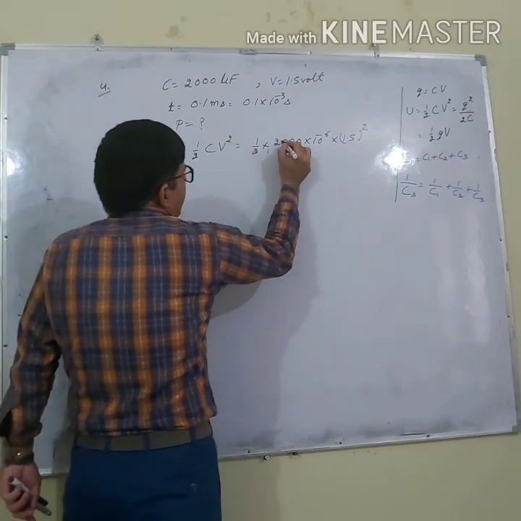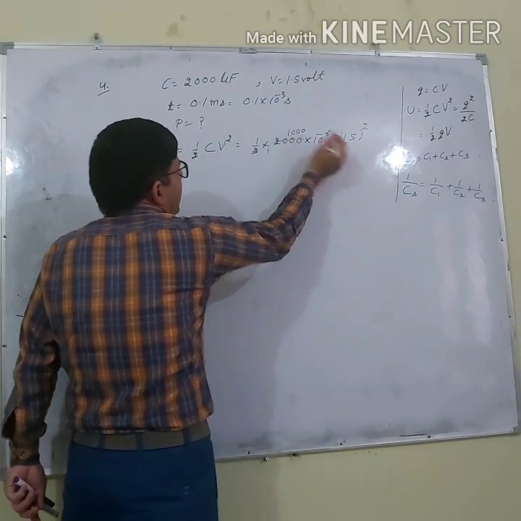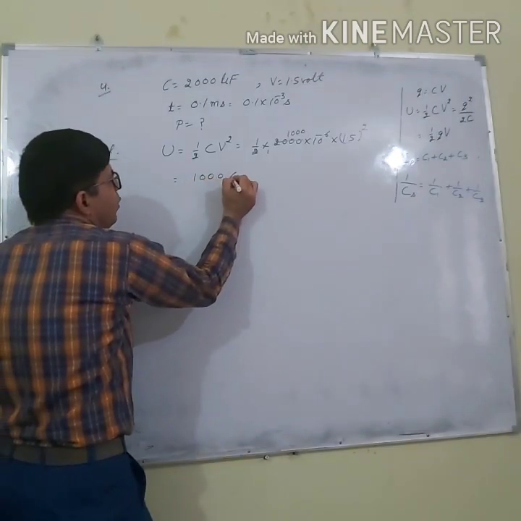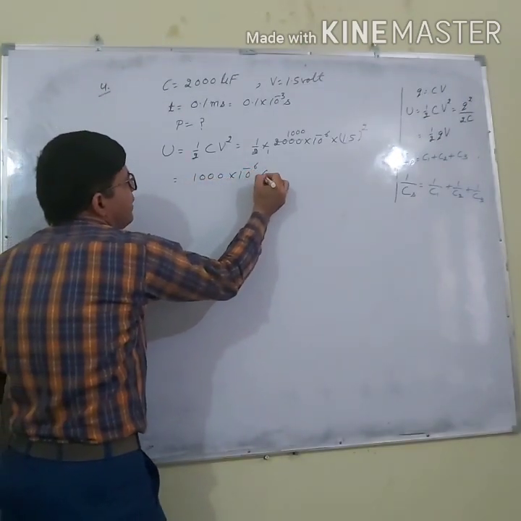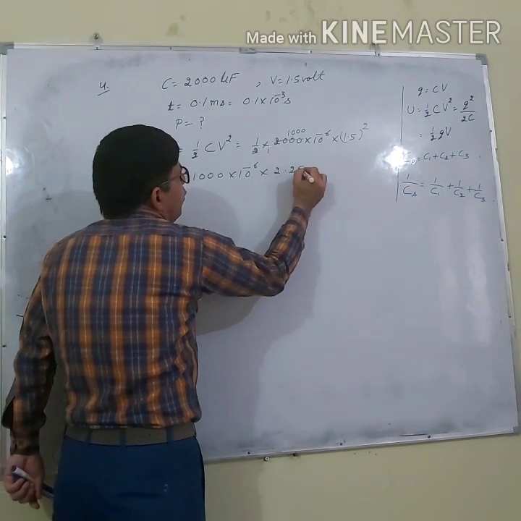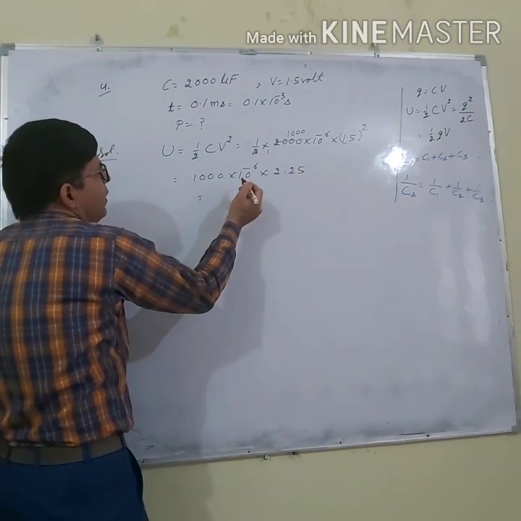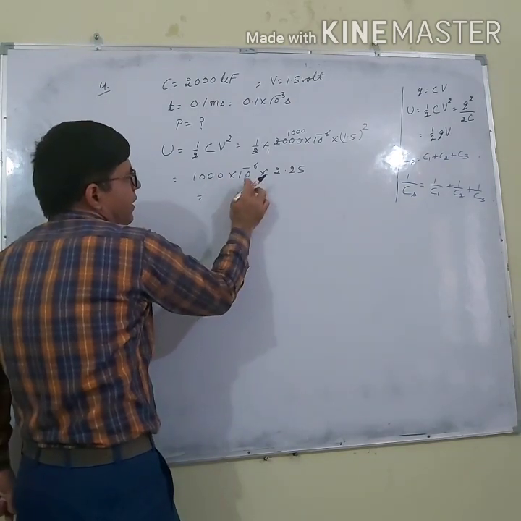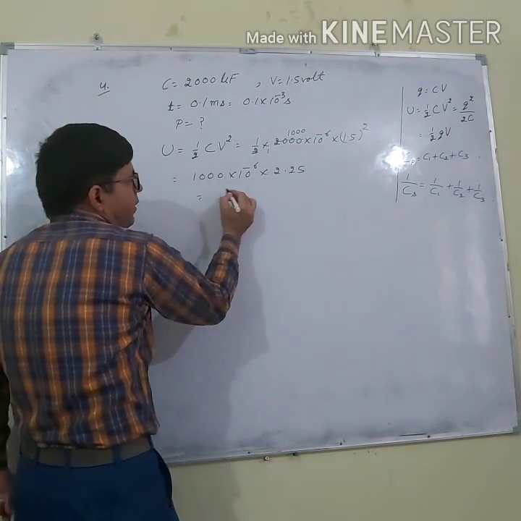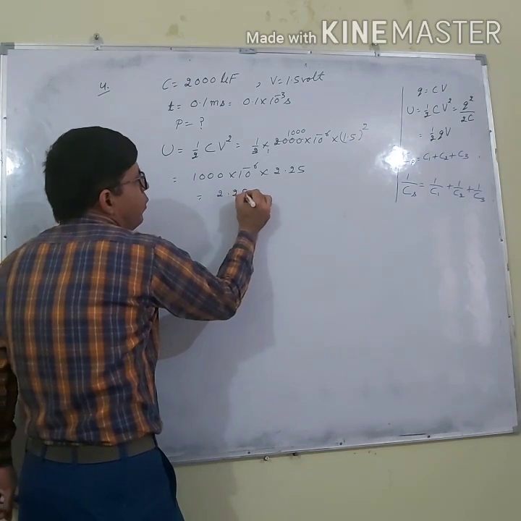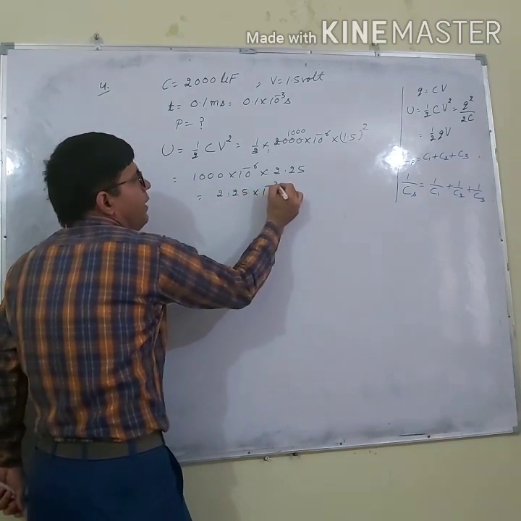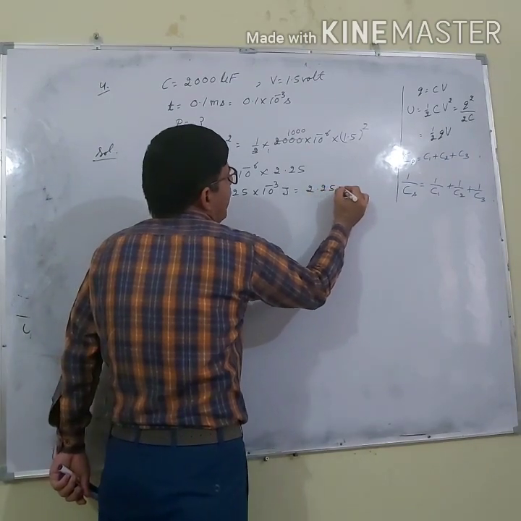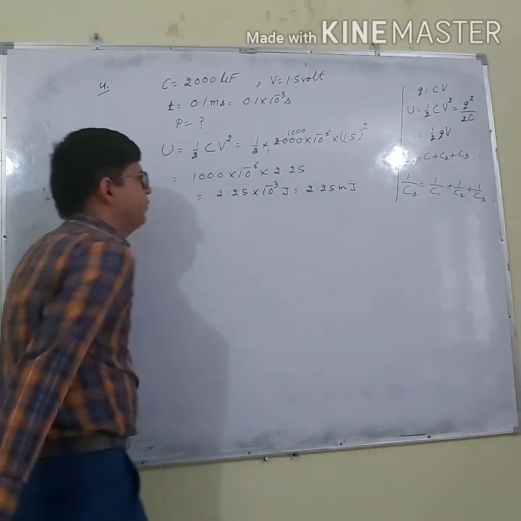So it is 2000 upon 2, that is 1000, and 15 15s are 225. 1000 into 10 to the power minus 6 multiplied by 2.25. I can write it as 2.25 into 10 to the power minus 3 joule, that is 2.25 millijoule.